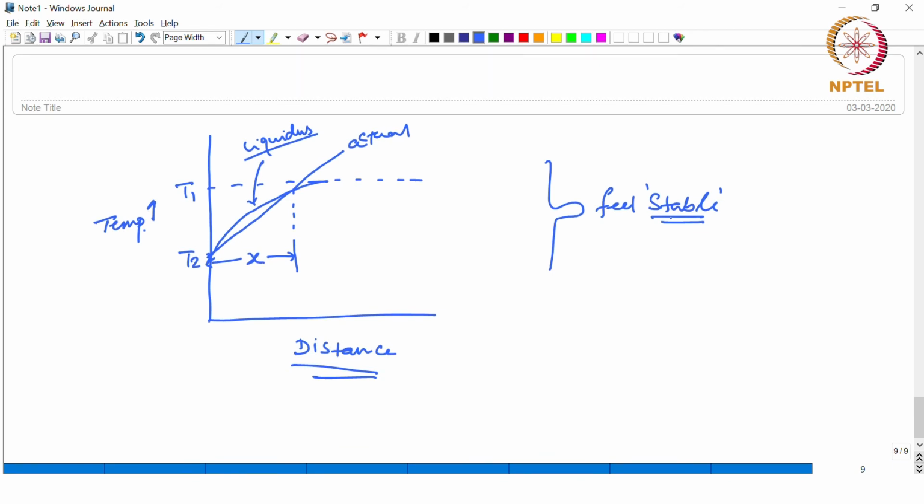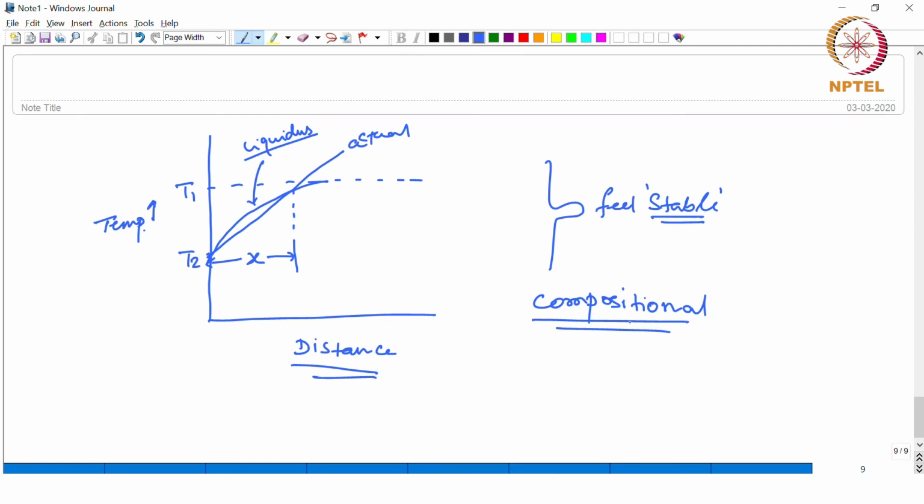Here you can see the driving force behind this is compositional rather than thermal, like what we had seen in the case of pure metals.